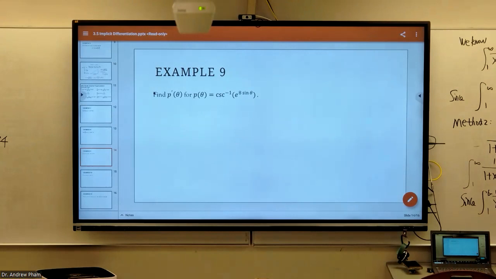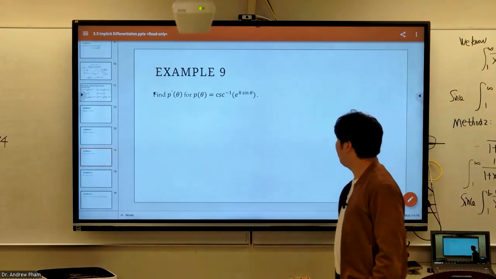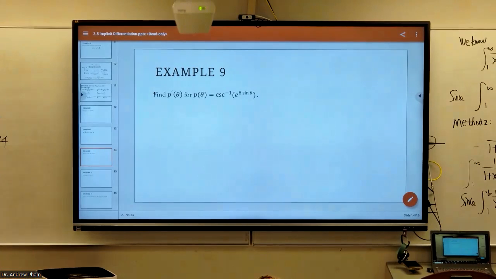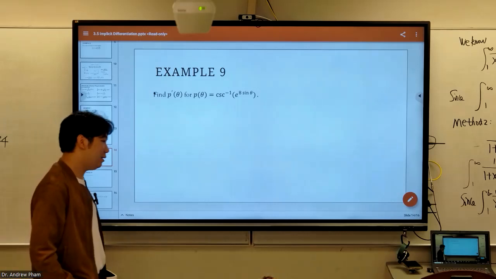But in particular, I would recommend that you list out the layers of your function here. We have cosecant inverse of e to the 8 sine of theta. As your starting hint, there should be a total of basically 3 layers here. So identify layer number 1, number 2, and number 3.